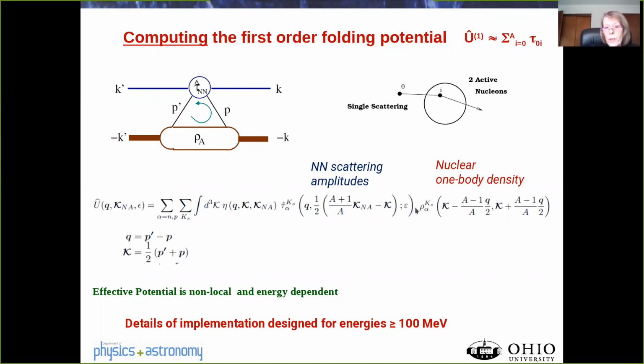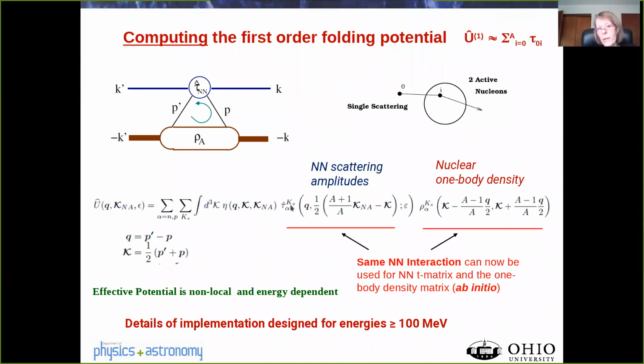And this is the nuclear one-body density. The point is what we can do now, and that was where I call it now ab initio, that the same NN interaction is used here for the nucleon-nucleon force as well as for the one-body density. They both are derived from the same underlying NN interaction, and that's why I start calling it ab initio.